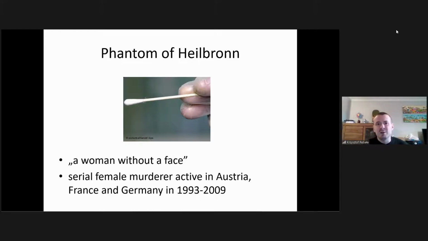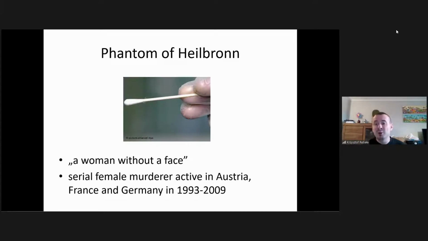They found that in all these cases committed by this woman, the policemen and technicians were collecting biological stains with the use of swabs. I have a swab, and I'm using it to collect the sample.